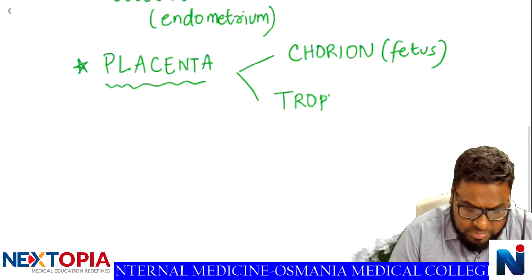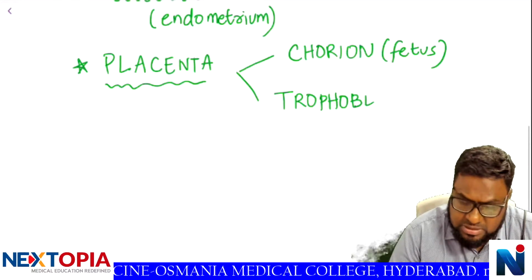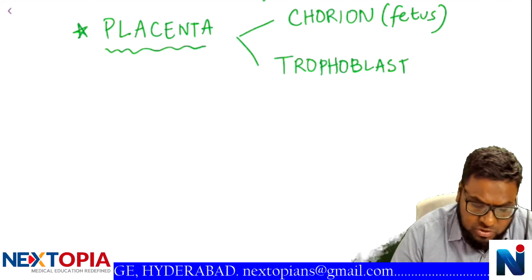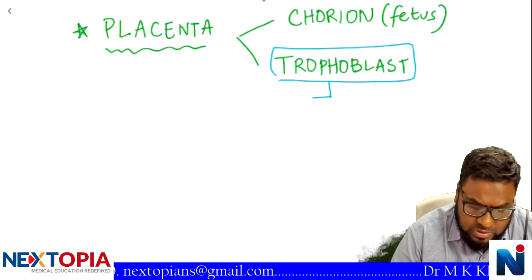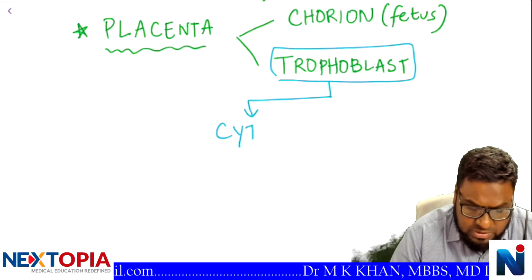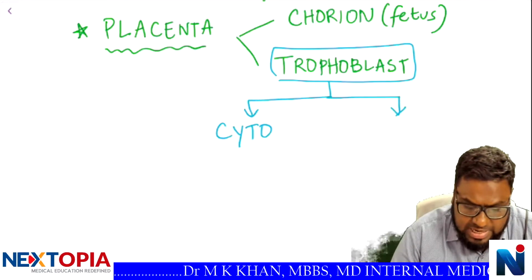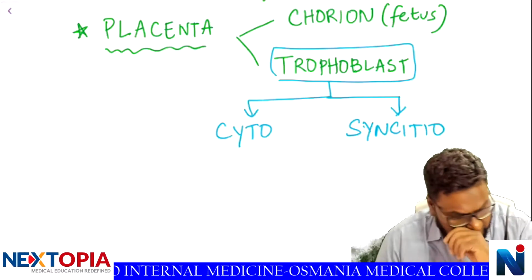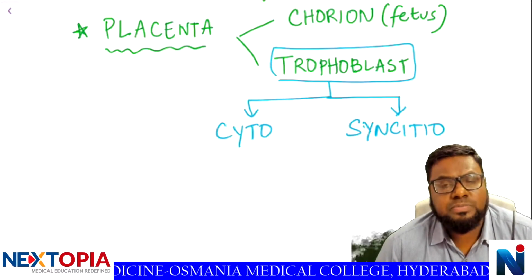So among the parts of the placenta, we'll discuss what is trophoblast. We'll also discuss the two types of cells which contribute to the trophoblast, the cytotrophoblast and the syncytiotrophoblast.